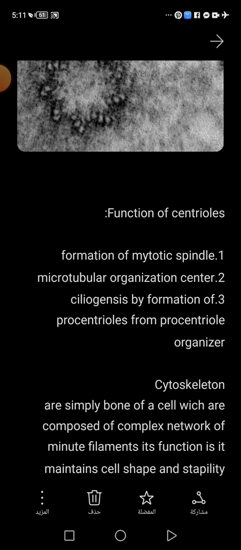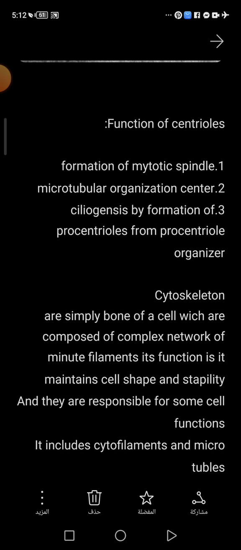So how is it formed? From the procentrioles, and the procentrioles are formed from the procentriole organizer. Now the cytoskeleton is simply the bone of the cell. Simply a definition, it is just like a bone of the cell, composed of a complex network of minute filaments.